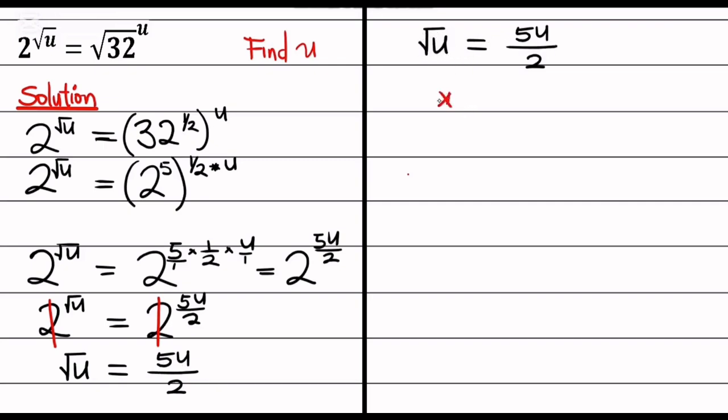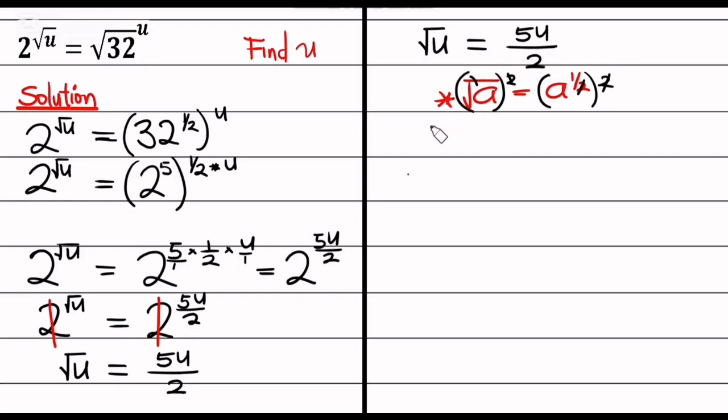This rule says if I have a square root, it's just the same thing as a raised to the power of half, so definitely if I square this side, it is going to cancel the power, and at the same time if I square this side, it's going to cancel the roots. So that's what I'm going to apply here, except that I must apply the power to both sides of the equation.